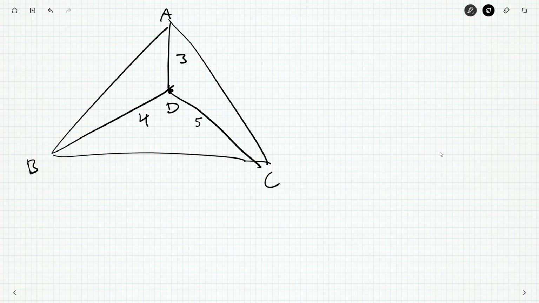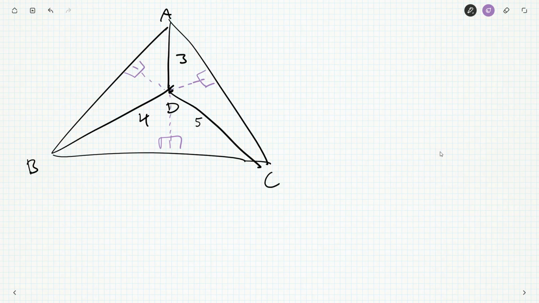So how could we get the area? I'm thinking two ways. One, we drop some perpendiculars down here, and then I suspect using some trig, like the sine laws, we could get the area of each of these triangles, ADB, ADC, or DBC, and add them all up.